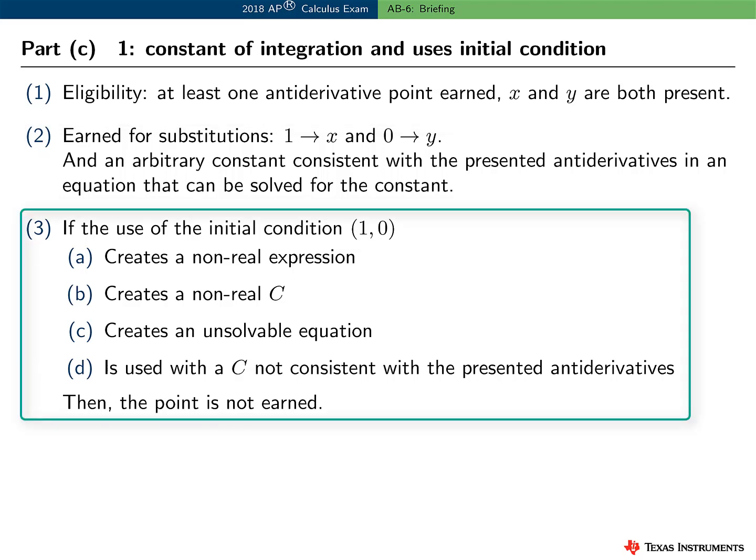There are some cases in which the student could use the initial condition and a constant of integration, yet not earn this point. For example, if the substitution creates a non-real expression or a non-real constant c, or an unsolvable equation, or is used with a constant c not consistent with the presented antiderivatives.